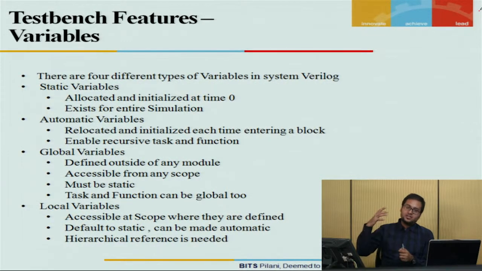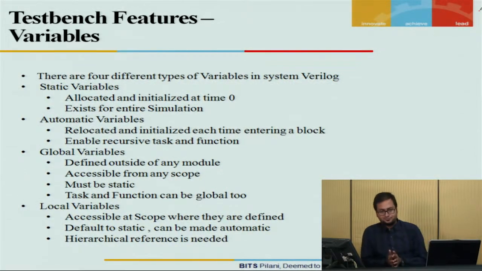So if in a design you have a global task and a global function and you want to use them from a different module, this global concept is very helpful. A local variable is defined in the begin end block, just in that block, and by default it is static and can be made automatic as well. If you want to access any local variable outside that scope, you have to give a hierarchical reference.